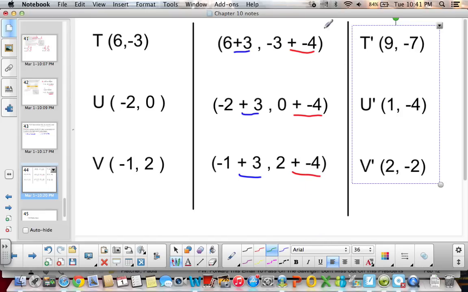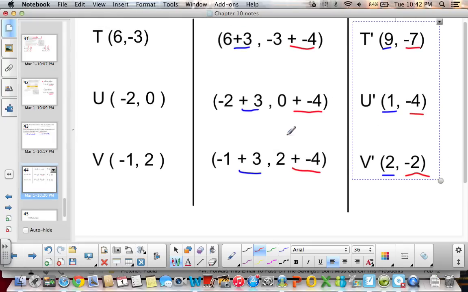And then we come up with 6 plus 3 is 9. -2 plus 3 is 1, and -1 plus 3 is 2. And then we have -3 plus -4 is -7. 0 plus -4 is -4, and 2 plus -4 is -2. So these are our new vertices. If we were going to graph it, we would graph TUV and connect the dots, and then we would graph T prime, U prime, V prime, and connect the dots there.